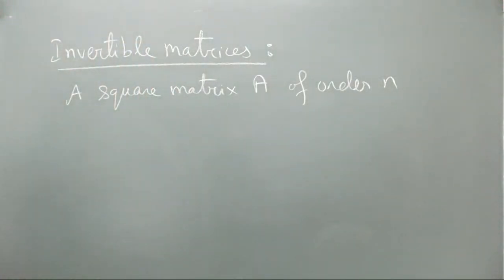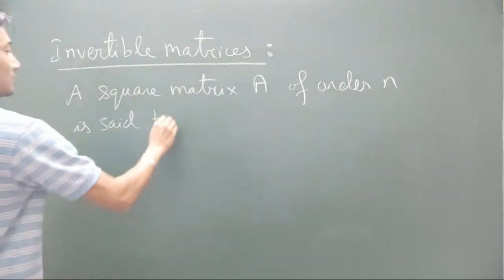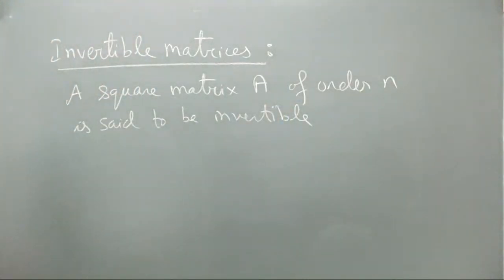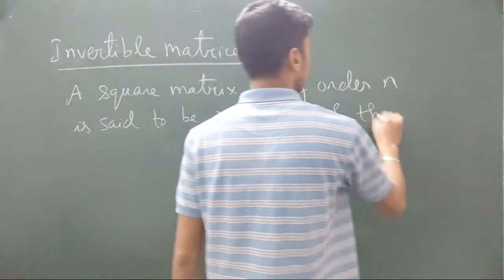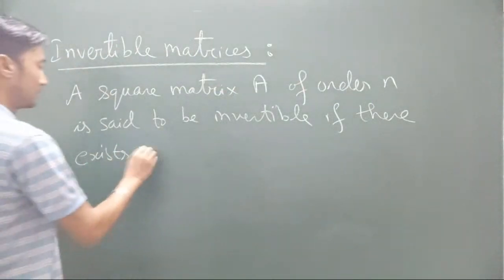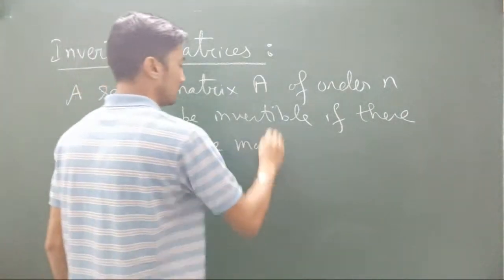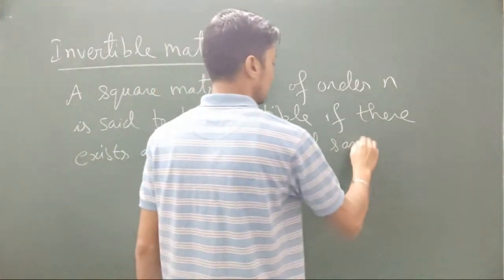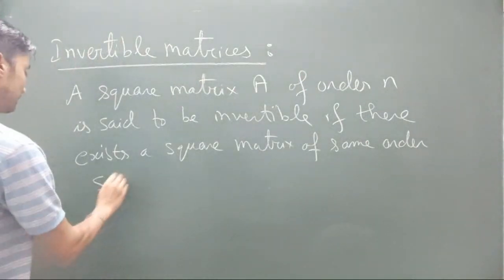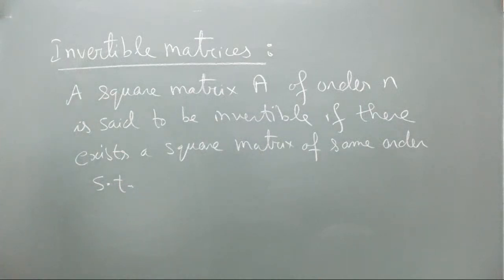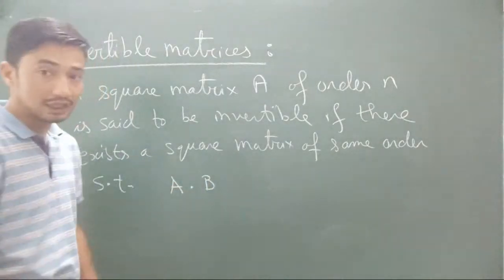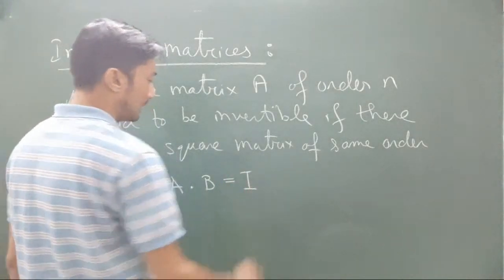A square matrix A of order n is said to be invertible if there exists a square matrix B of the same order such that the matrix A into that matrix B will give you an identity matrix.